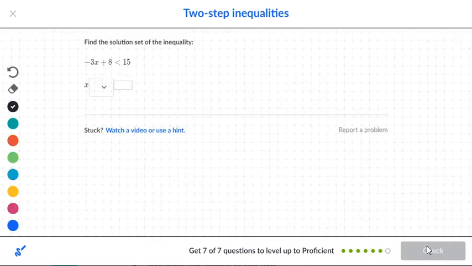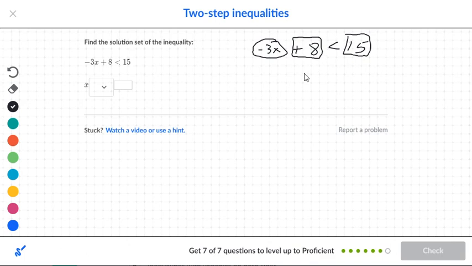Okay, next question. We have -3x plus 8, and then our inequality sign, and then 15. So we're going to circle the letters and box the numbers. The 8, we're going to subtract from both sides. So we're going to cross this out.